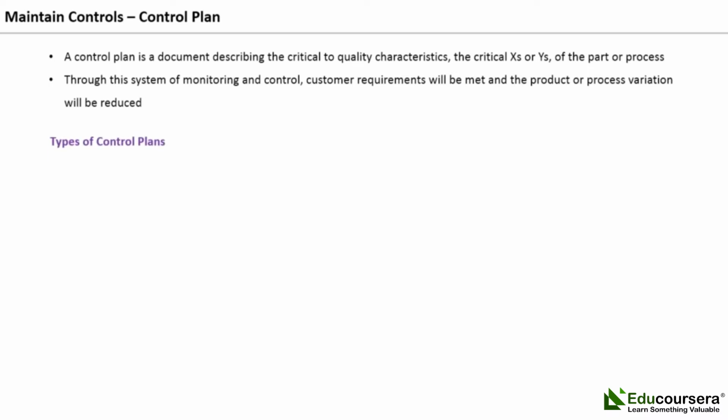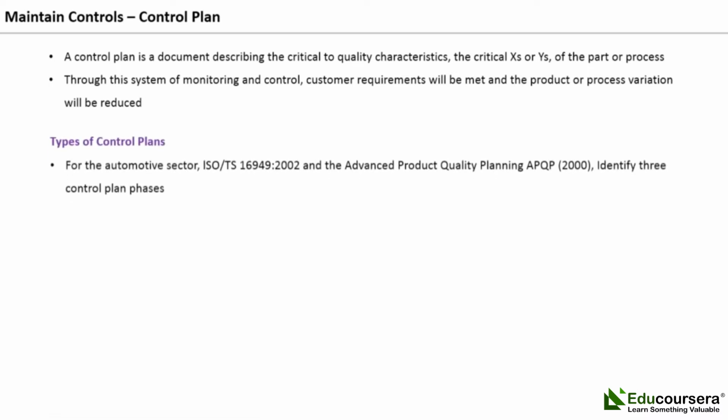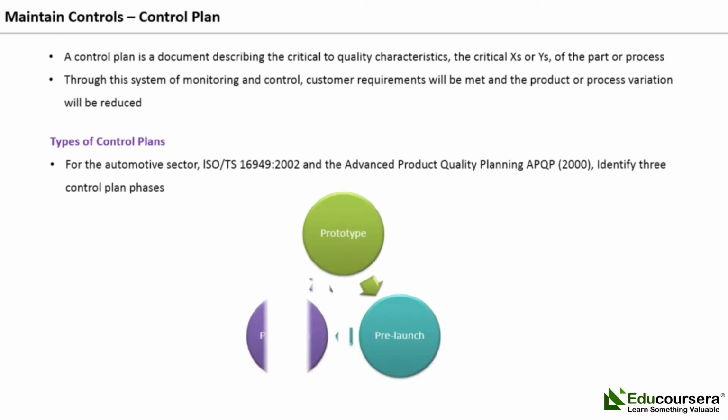Types of control plans. For the automotive sector, ISO/TS 16949/2002 and the Advanced Product Quality Planning APQP 2000 identify 3 control plan phases: prototype, pre-launch, production.